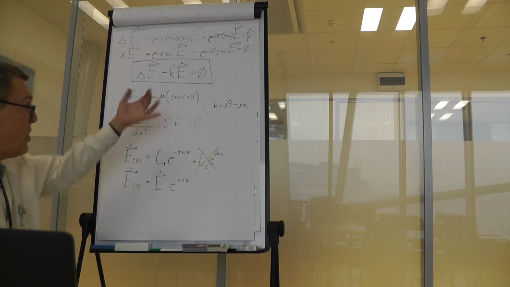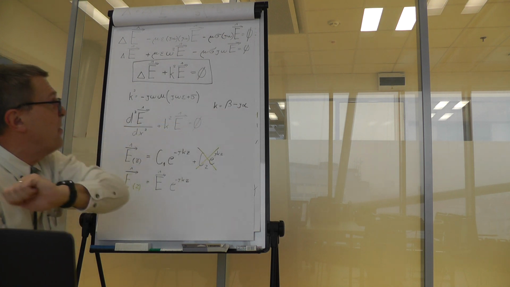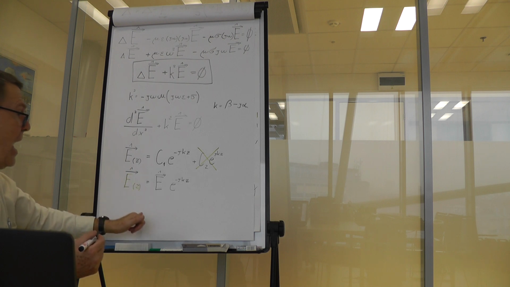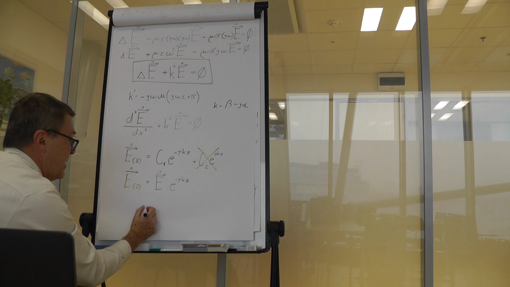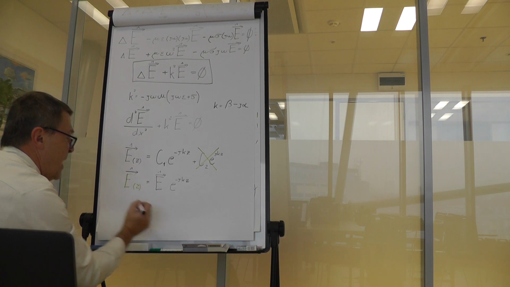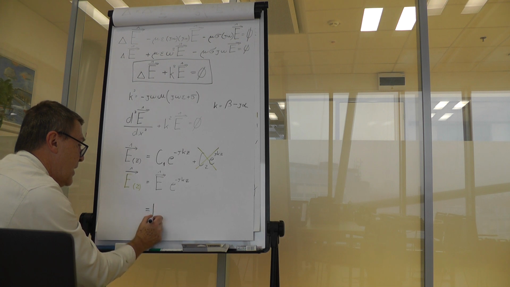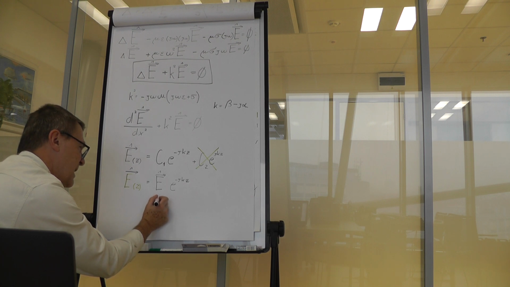So, bearing in mind that k has the form of beta minus j alpha, we would get another form of the solution, which I would write directly here. So again, we have the electric field phasor at the beginning of coordinates, that is for z equivalent to 0.